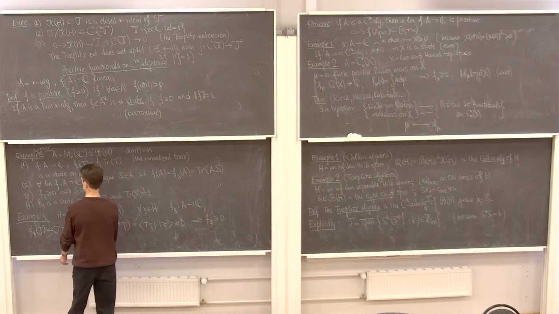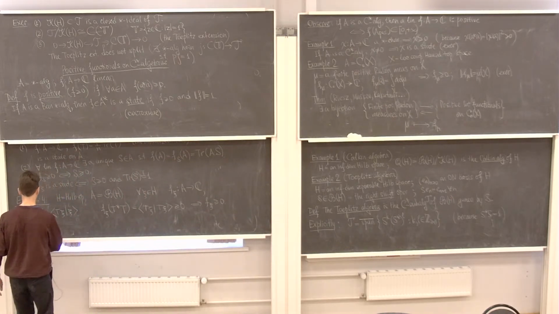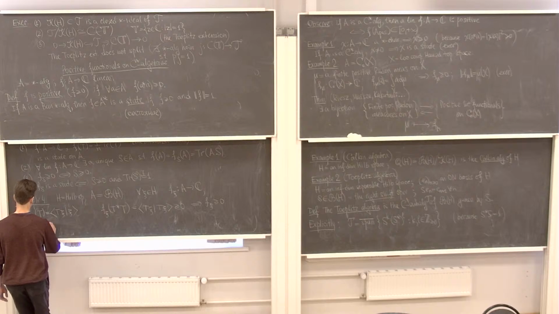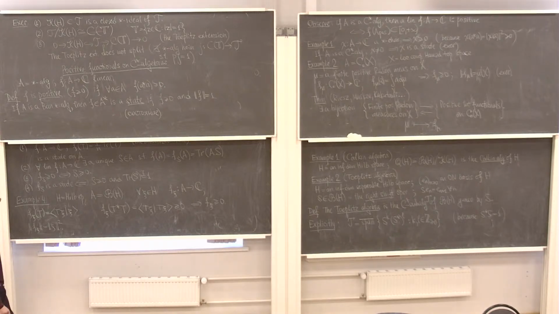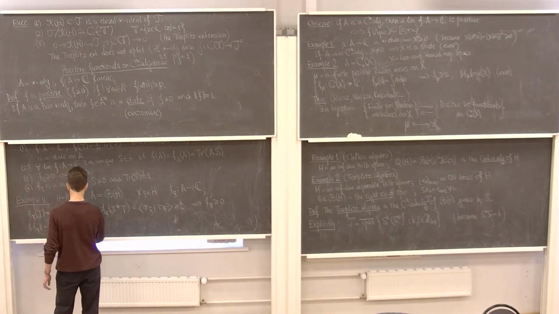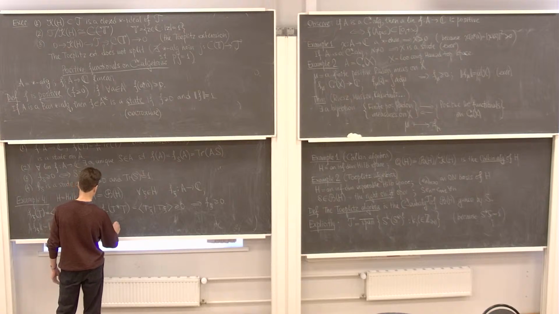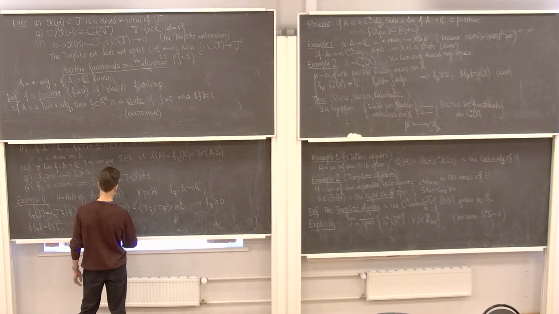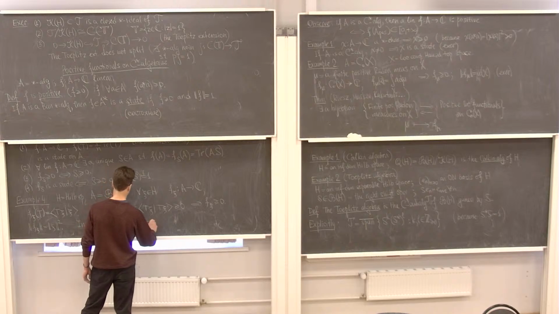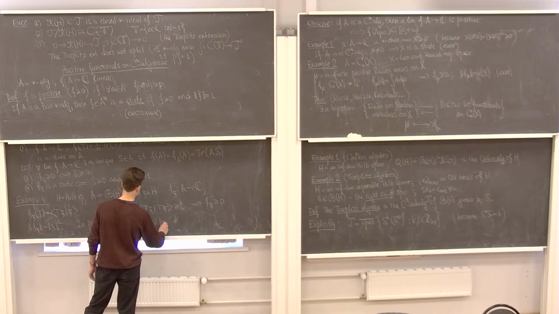And also it's easy to see that the norm of f xi is equal to the norm of xi squared. So in particular, we see that f xi is a state if and only if the norm of xi equals 1.